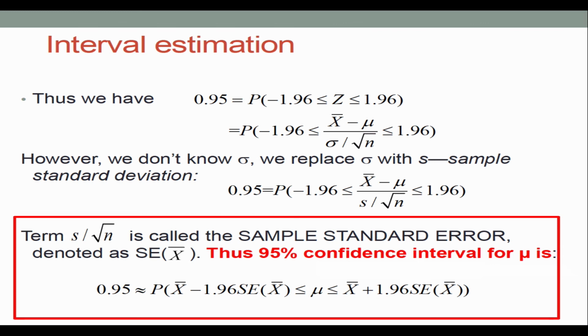You get here X bar minus it, and then minus X bar plus X bar cancels out, then here is X bar plus this term. This is the 95% confidence interval for the population mean. So this way, we derive the formula for the 95% confidence interval for the population mean.